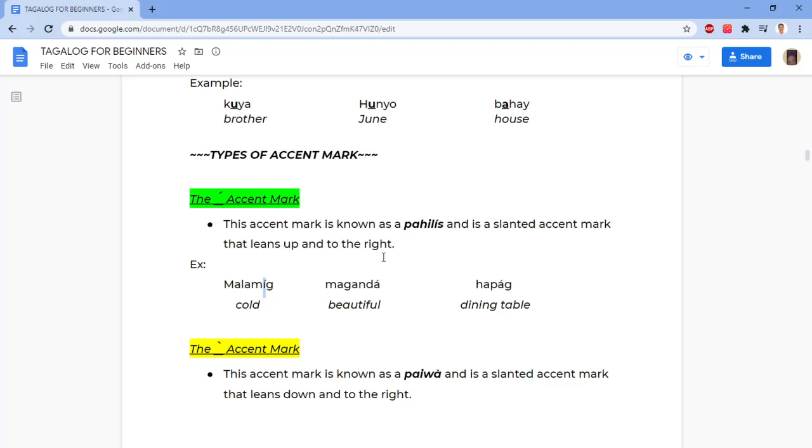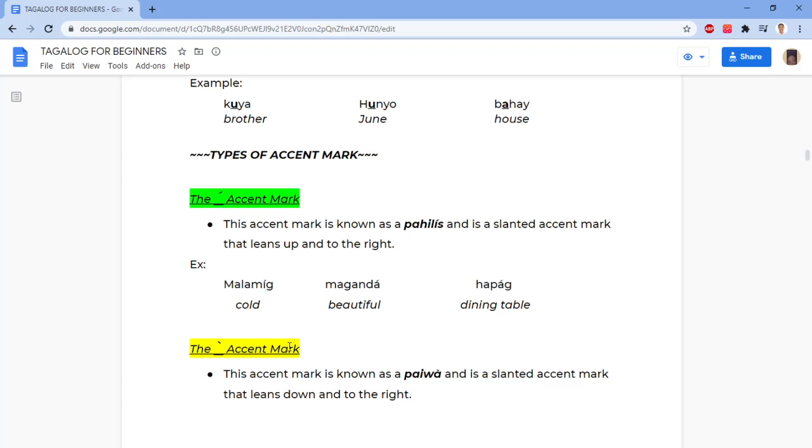You will understand that this leans up and to the right, and you read it with a little bit of high pitch, but without a glottal stop, like malamig.